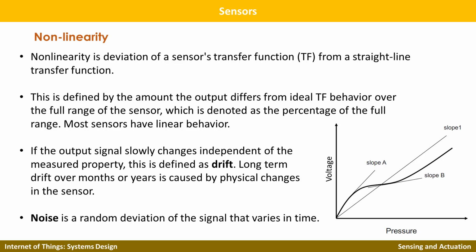Non-linearity is the deviation of a sensor's transfer function from a straight line transfer function. In this figure or graph, you can see different transfer functions. Basically, there are straight lines which can be used to measure the changes of the voltage and the phenomena that you are going to measure.